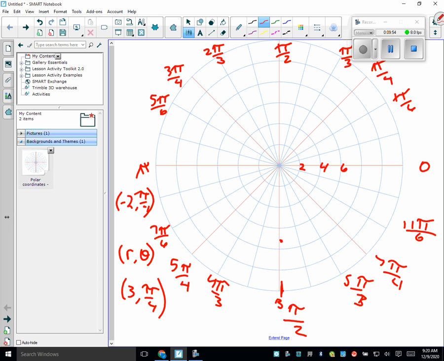Do you see that? Now, 7, 3 pi over 2. I want 2 other ways to name that point. 7, negative pi over 2, or negative 7, pi over 2. You all agree?